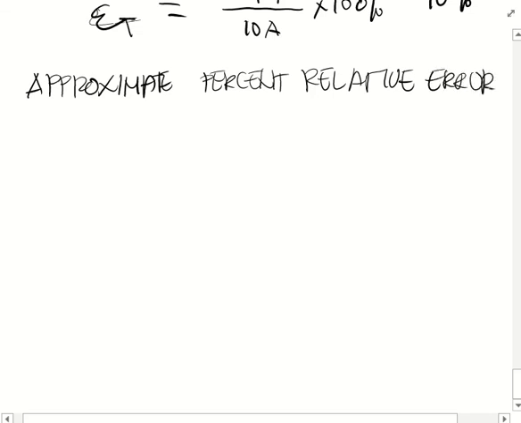So instead of the true value, which we don't know, we use this one. So epsilon A, meaning approximate relative error. So how do we solve this one?